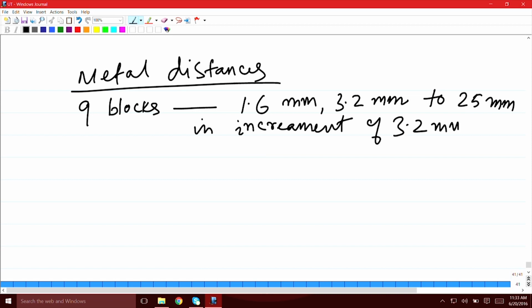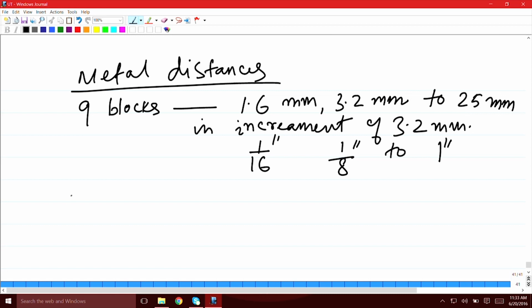Okay. So, with these distances you have 9 blocks. In terms of inches, you have 1/16th of an inch, then from 3.2 mm to 25 mm, that is 1/8 of an inch to 1 inch.